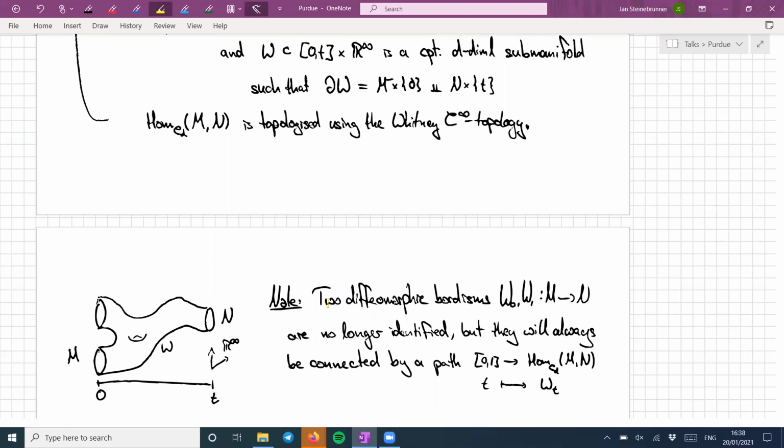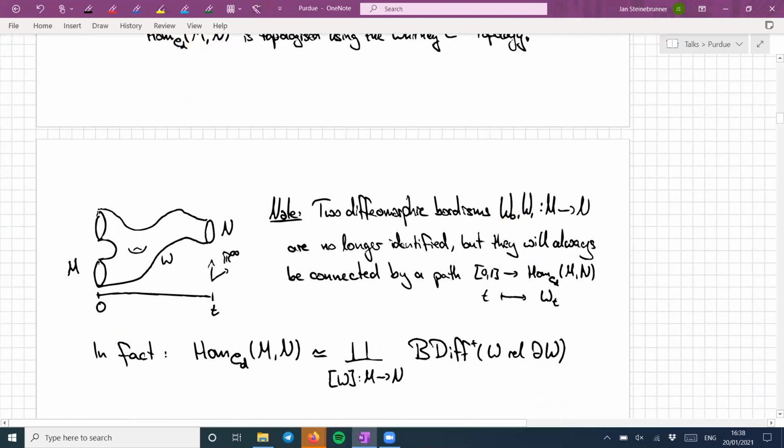And this will lead to a path that connects these two as points in the space of submanifolds. And somehow a derived version of that is also true, namely that loops in the space correspond to self-diffeomorphisms. So diffeomorphic things are identified, loops correspond to self-diffeomorphisms.